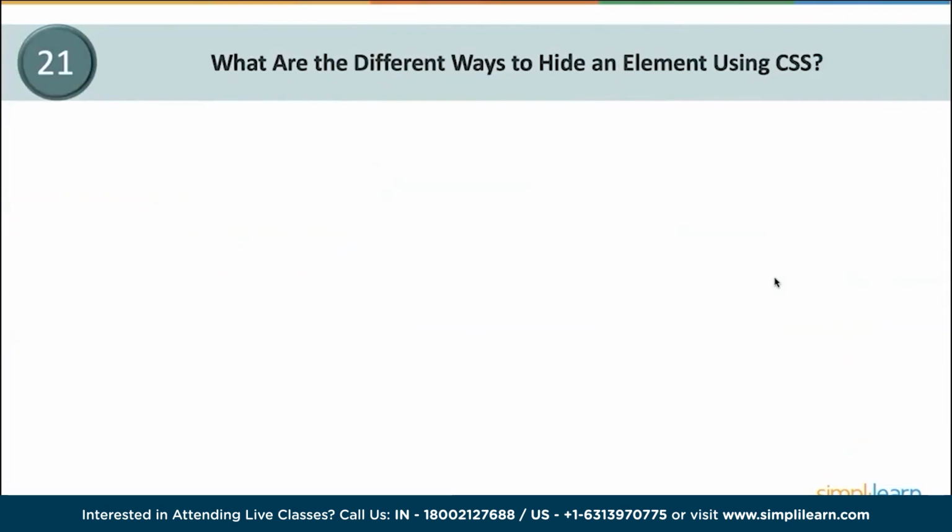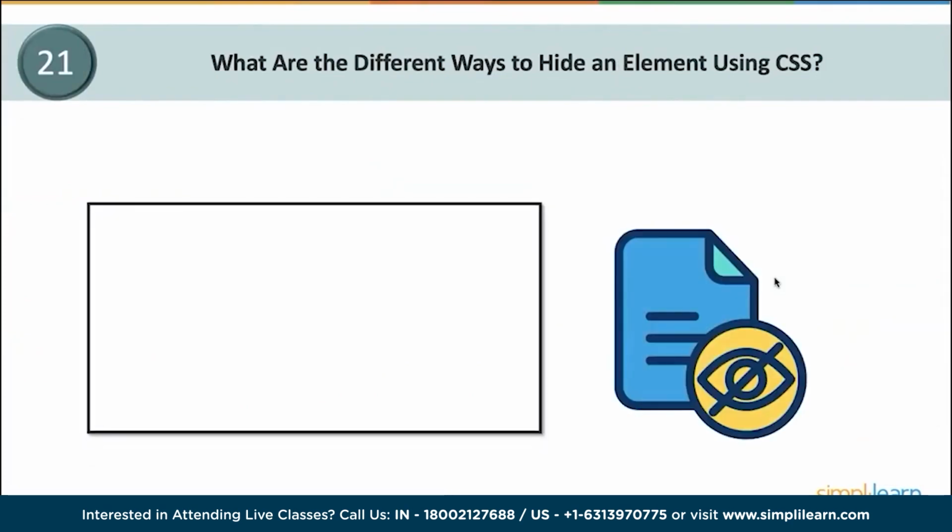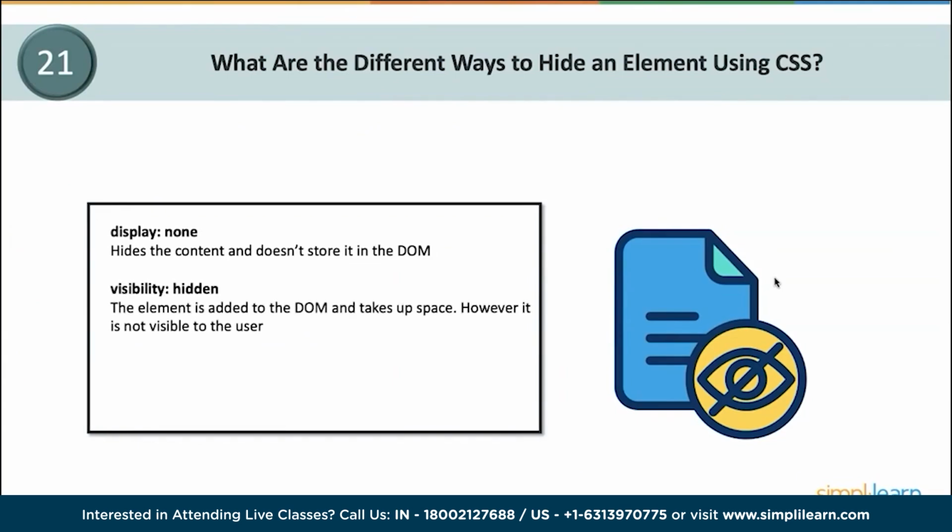Now, what are the different ways to hide an element in CSS? We have different ways. Either we can use display none. That means whatever is there inside the DOM won't be visible to you. Second option is visibility hidden. That is another property through which you can eliminate the visibility.